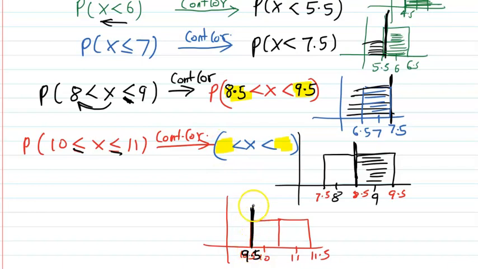Can you see, Mariam? 10 is starting from 9.5. Yeah. So which value is coming here? 9.5. Okay. And what is the last value here? 11.5. Thank you. So it should be between 9.5 and 11.5.